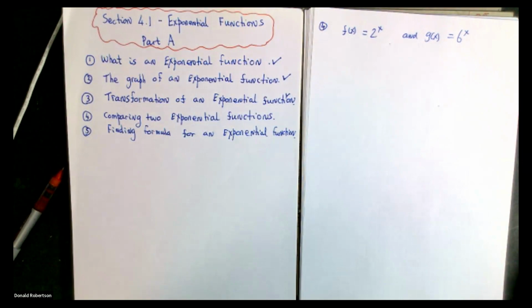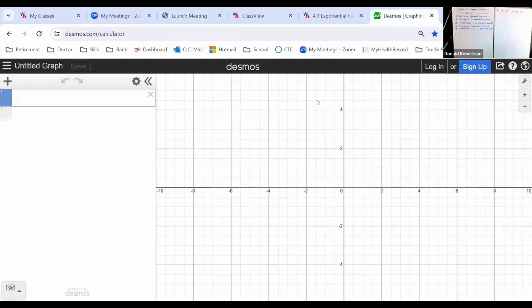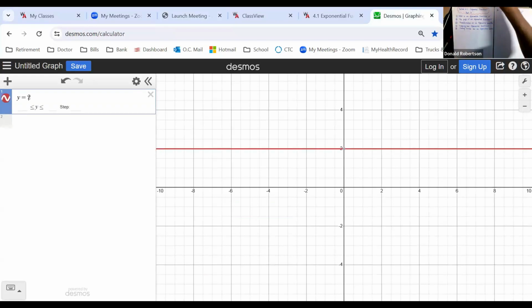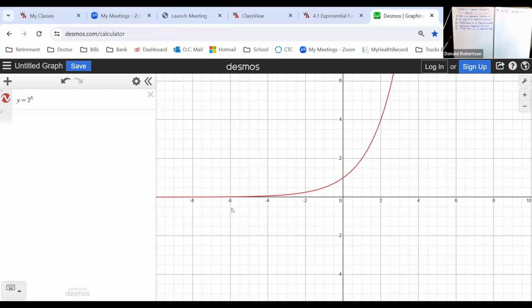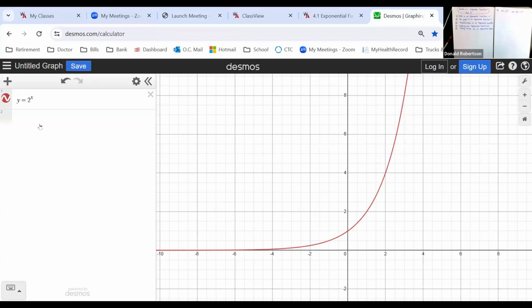So you should be looking at Desmos now. I'll type in our first function, which is y equals 2 to the power of x. And yep, looks just like we thought it would.